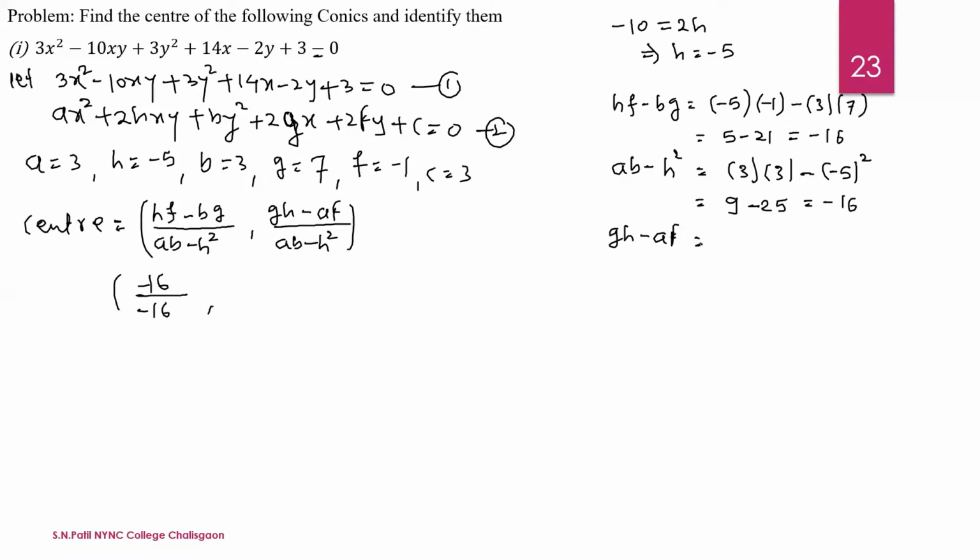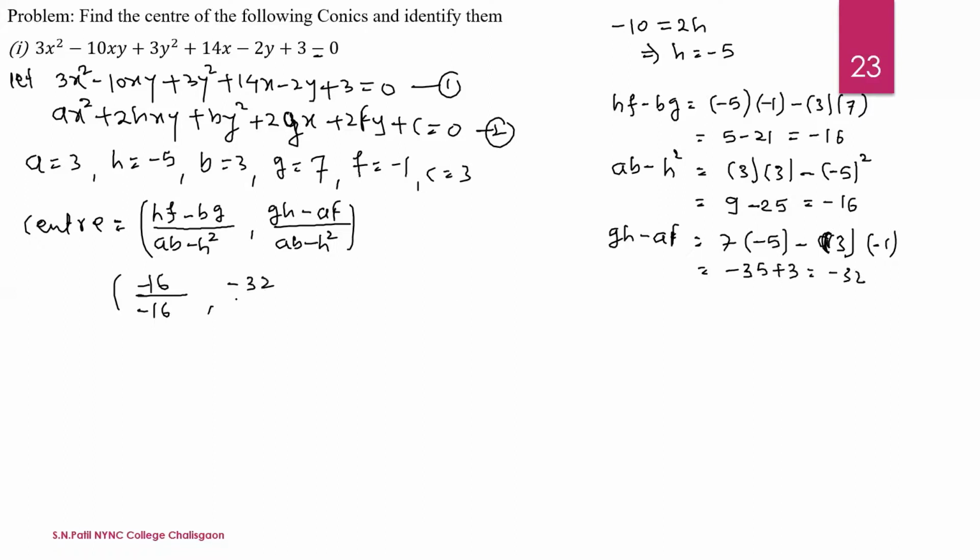minus af is equal to g into h. The value of g is 7, value of h is minus 5, a into f, a is 3, f is minus 1. Okay, that is minus 35, and plus 3, minus 32.